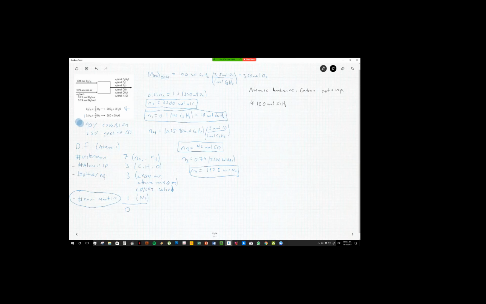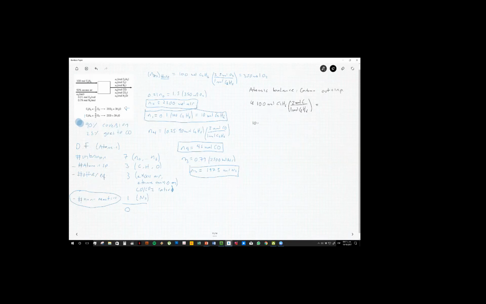So the 100 moles times the stoichiometry of that particular. For each mole of ethane, we have 2 moles of carbon atoms. And this is equal to the amount of moles that we have at the end of ethane.